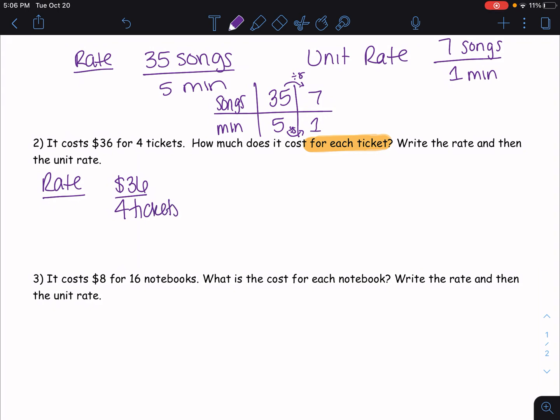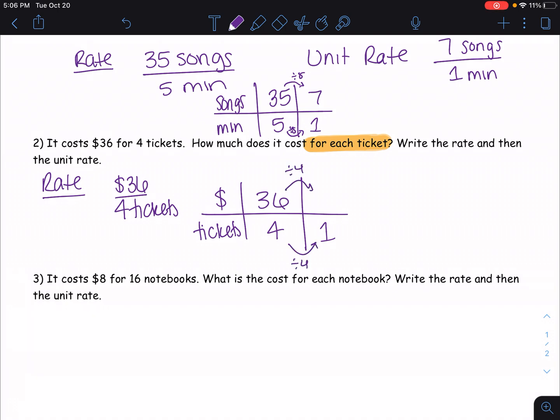for 4 tickets. I'm going to use my ratio table here, dollars and tickets. $36 for 4 tickets. How much is it for 1 ticket? I divide by 4. 36 divided by 4 is 9.